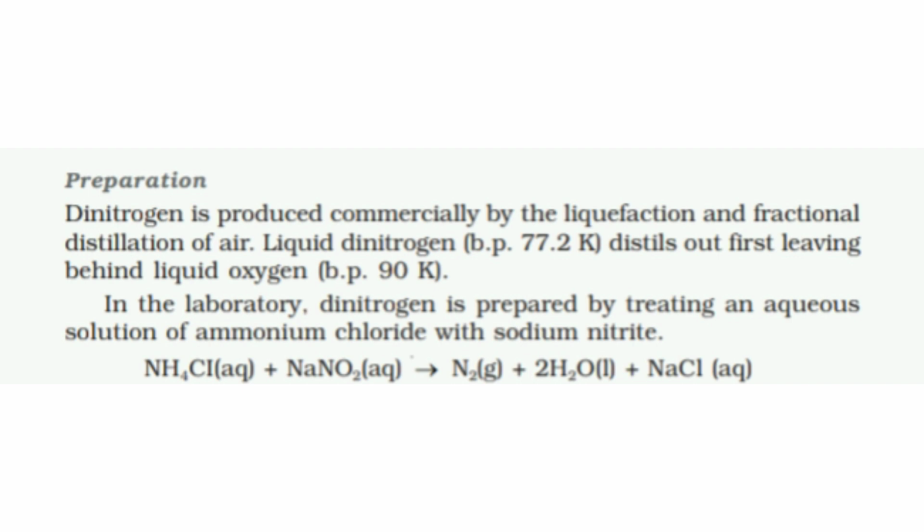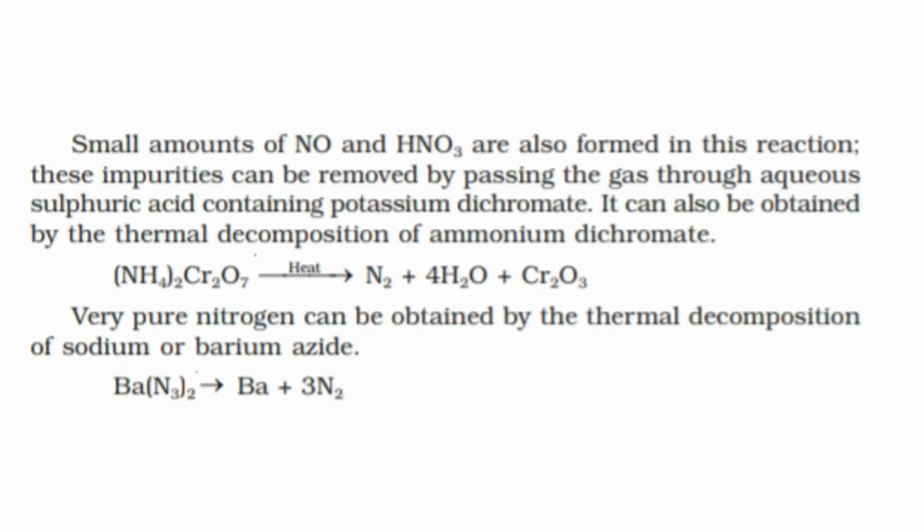In the laboratory, dinitrogen is prepared by treating an aqueous solution of ammonium chloride with sodium nitrite: NH4Cl (aq) + NaNO2 (aq) gives N2 (g) + 2H2O (l) + NaCl (aq). Small amounts of NO and HNO3 are also formed in this reaction.